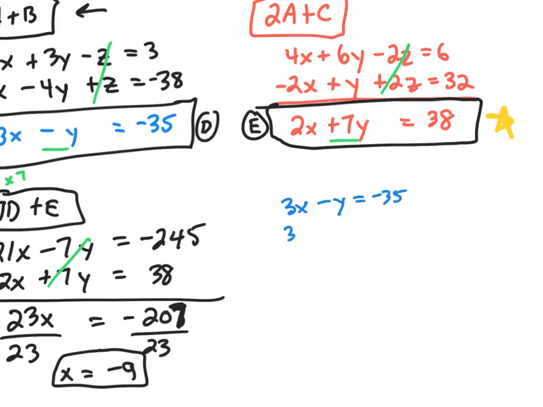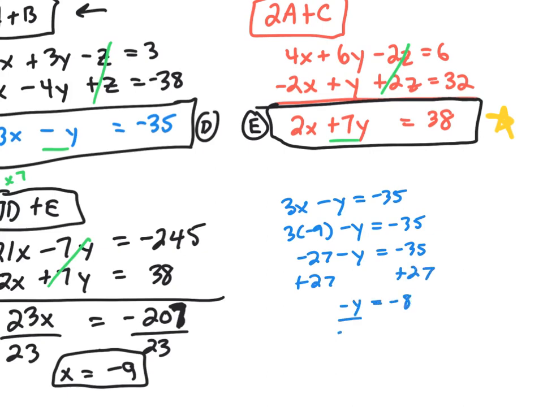X is negative 9, so it would be 3 times negative 9 minus y is negative 35. Negative 27 minus y equals negative 35. Add 27 to both sides. Negative y equals negative 8. Divide by negative 1, and we get y equals 8.